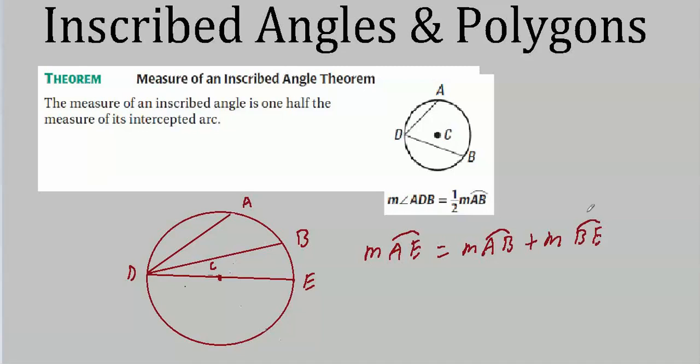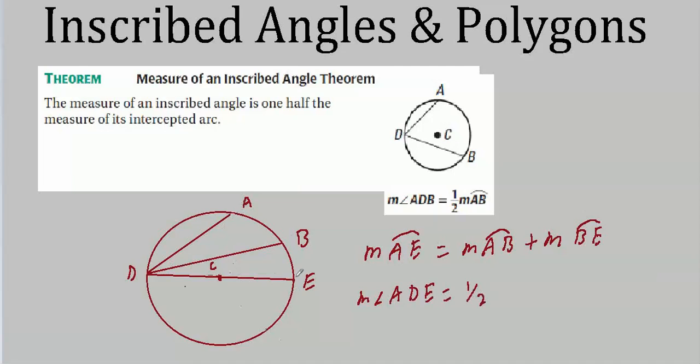Now, so what? What does that get us? Well, ADE, we know from a previous theorem, is half of the arc AE. So we have that the measure of angle ADE, that's the one we created by adding the diameter here, is 1/2 of AE.